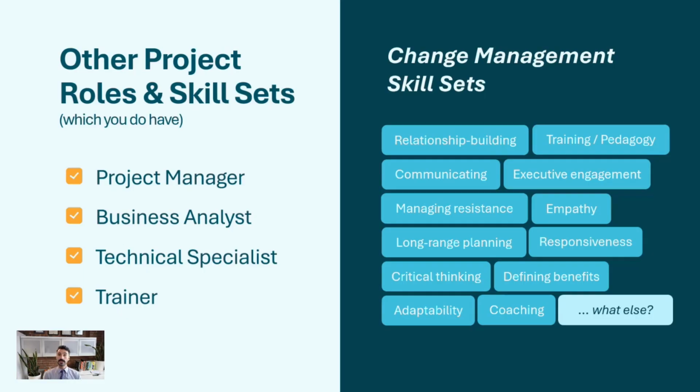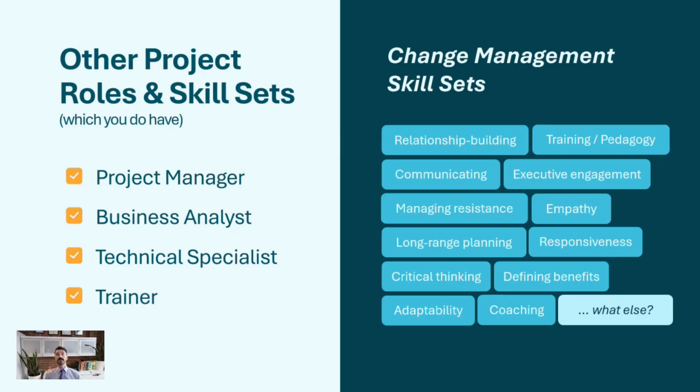On the right side of the screen, I've listed a bunch of change management skill sets that are out there or needed by a change manager. I won't read them all, but things like building relationships, being good at communicating and training approaches for people, being able to listen, have empathy, manage some resistance, help people work through this change, being able to define benefits and articulate that, coach people through the change.